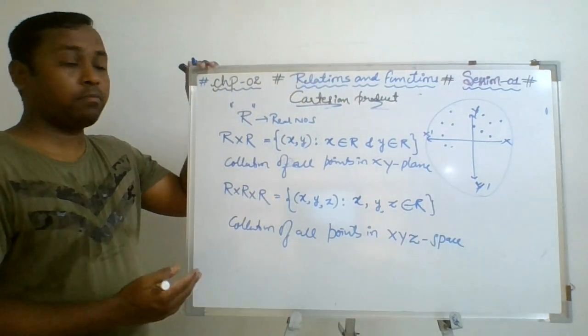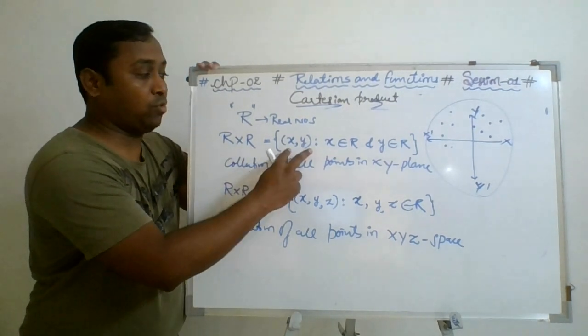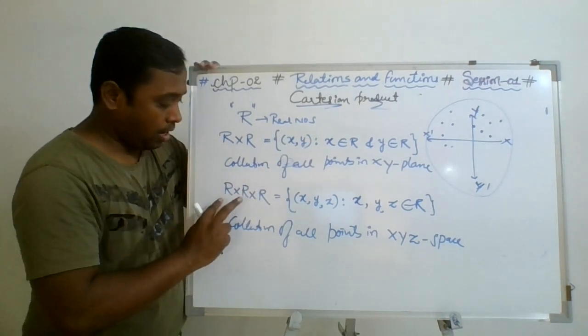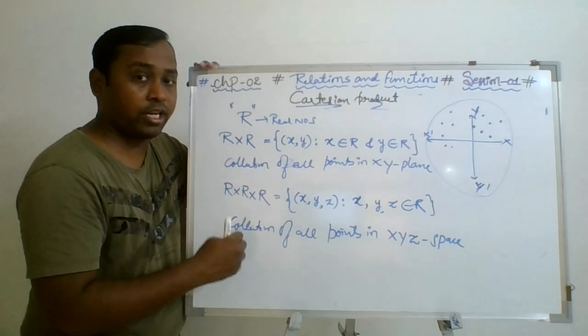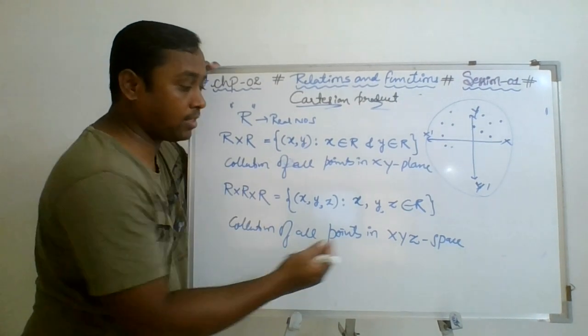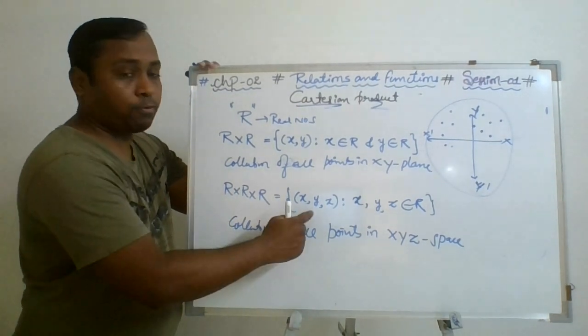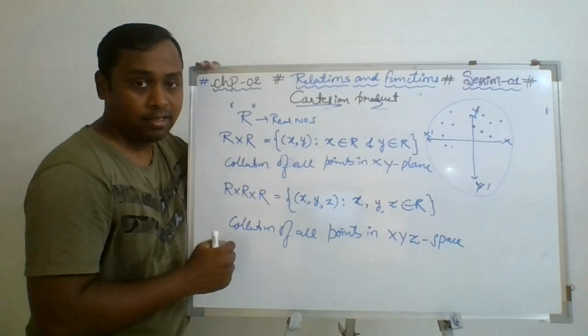So when we talk about ordered pairs, it relates to the collection of all points in a plane, the xy plane. And when we talk about the Cartesian product of three sets, it will give the collection of all the points in space, because to plot this point we require three axes, the x, y and z axes.